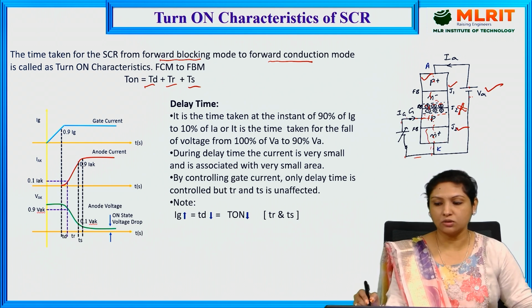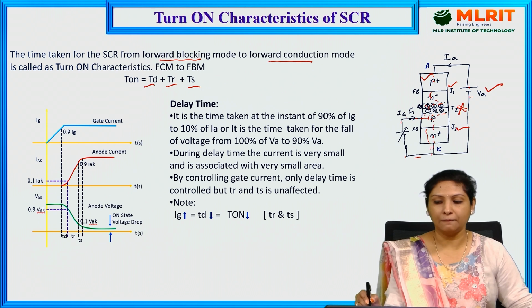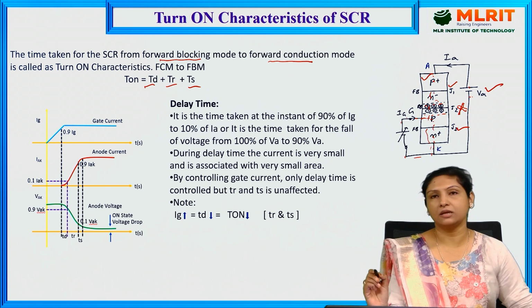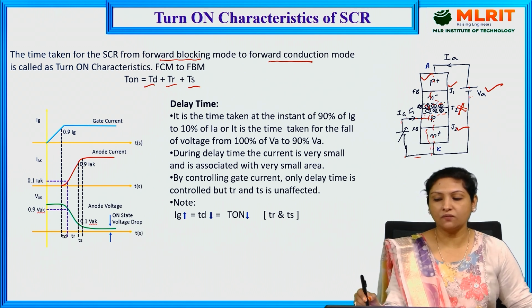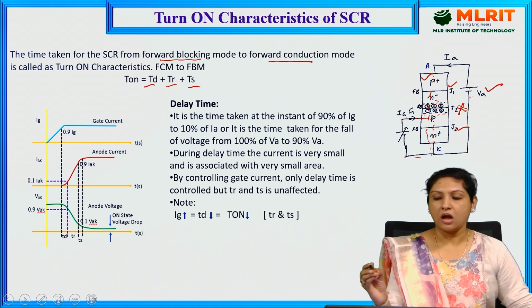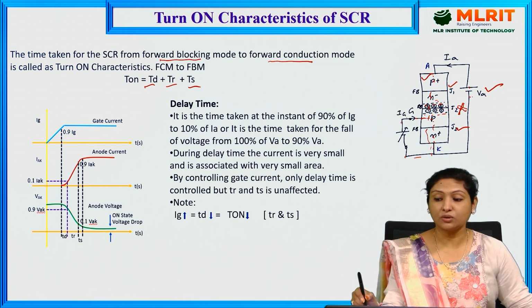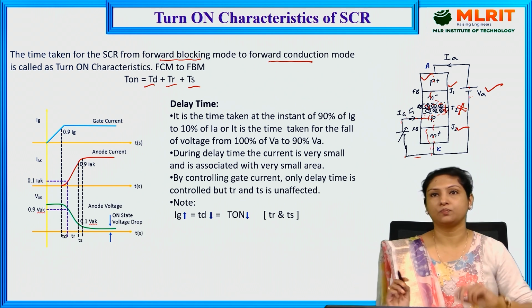The electrons from this N layer will move towards the P layer, and from the P layer, these electrons will jump into the N minus layer. In this process, recombination of electrons will take place with these holes, and because of this the width of the depletion layer J2 will get narrow.